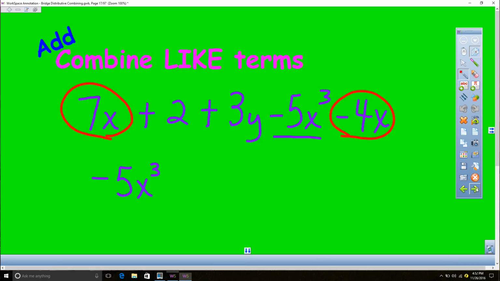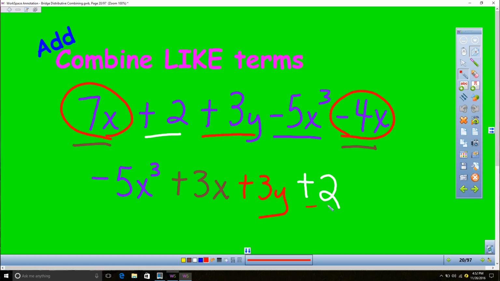So we would put the x terms first. In descending order, we would put an x cubed term before we would put an x term. Now notice I got the 3x by adding the 7x and the negative 4x. Now I also have a y term and I also have a constant. So you write your answer in descending order, which means the constant always comes last.